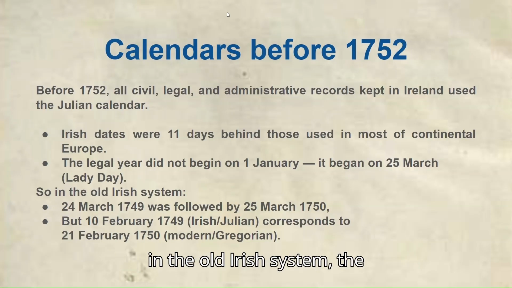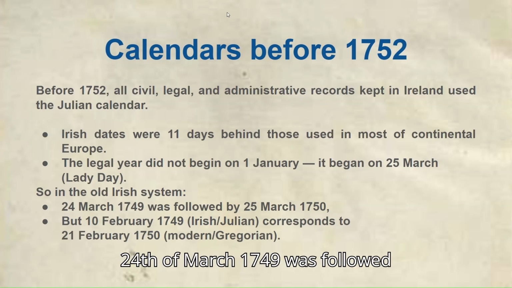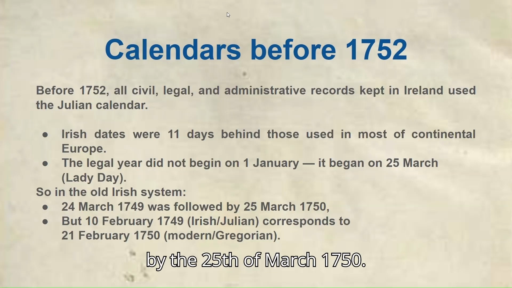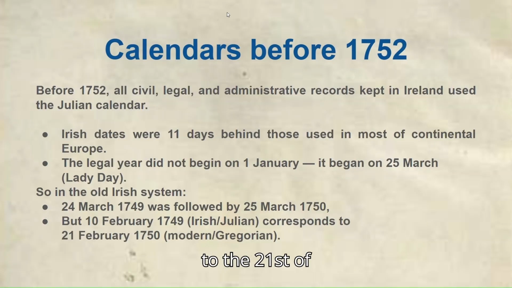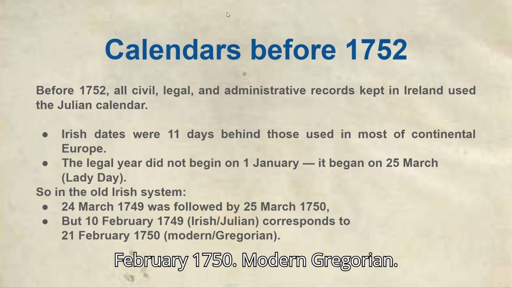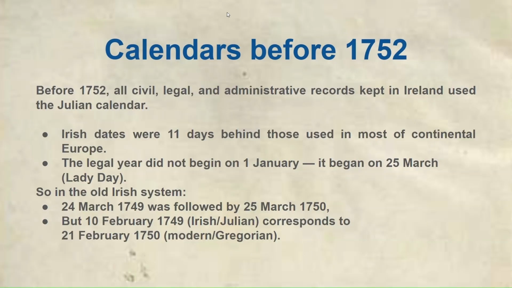So in the old Irish system, the 24th of March 1749 was followed by the 25th of March 1750. But 10th of February 1749 under Irish Julian corresponds to the 21st of February 1750 modern Gregorian.